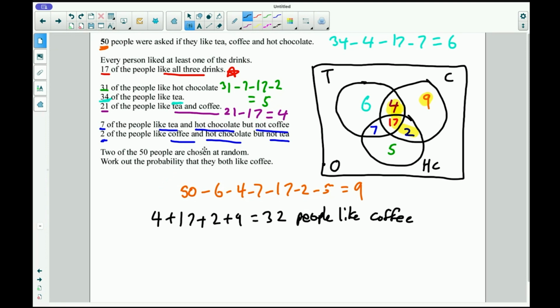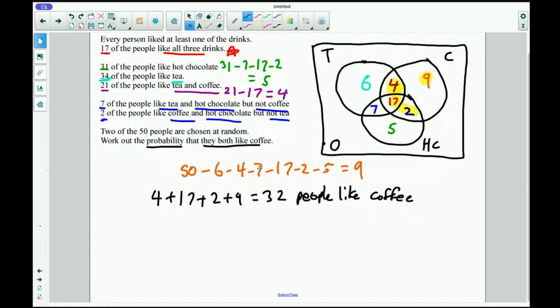Okay. So we're trying to figure out the probability that they both like coffee. That's where the conditional probability comes in. So for our first person that we choose, our probability is 32 out of 50. And then the second person that we choose is now going to be 31 out of 49.